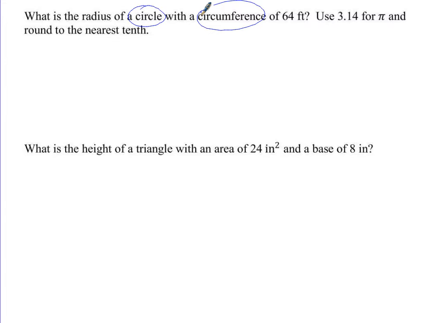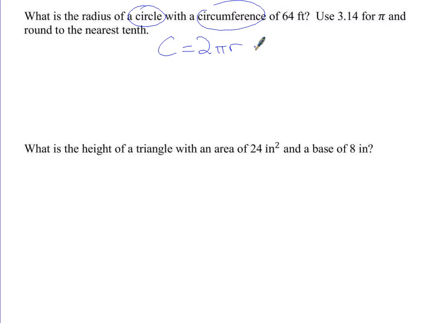I'm dealing with a circle and circumference. That won't be area. C equals 2 pi r. Okay? You need to spot the key words in there, and as soon as you see the word circle and circumference, that tells you need C equals 2 pi r.